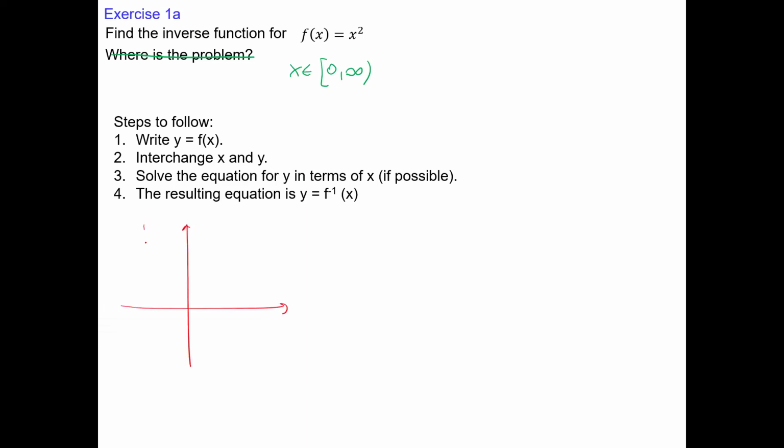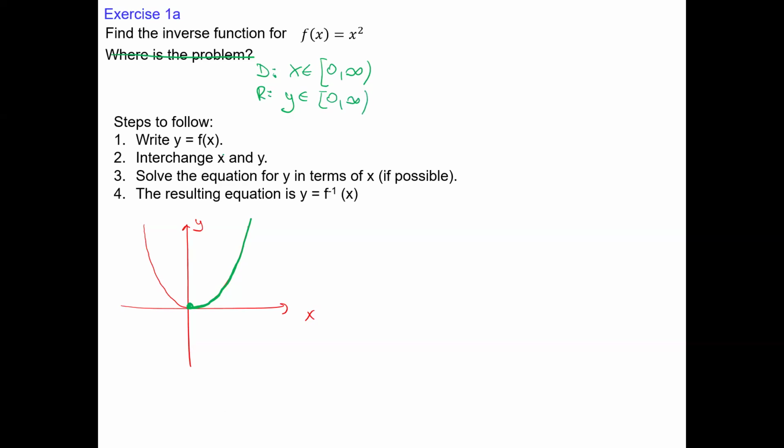The function x squared is defined like this, but we're not taking the entire function. We're just taking that part. And the range for this function, we can see the y values are also positive, from 0 to infinity.